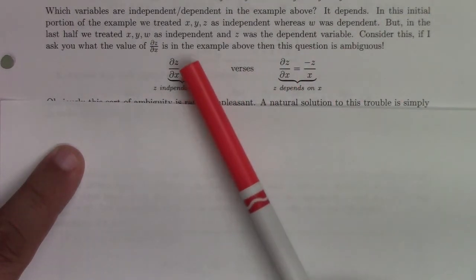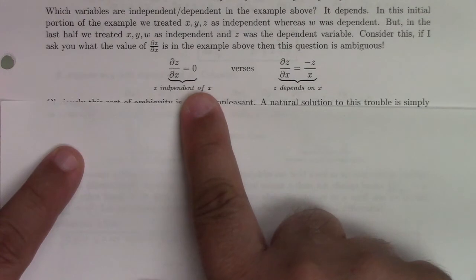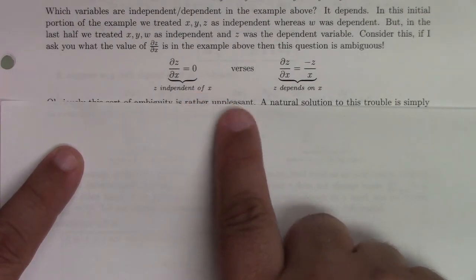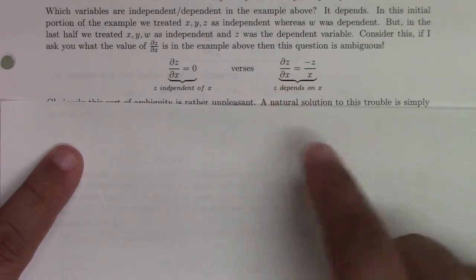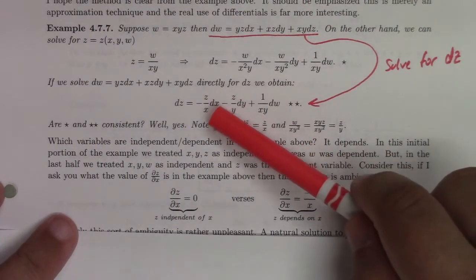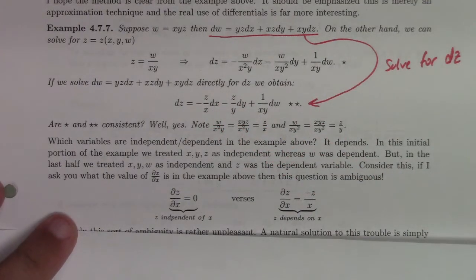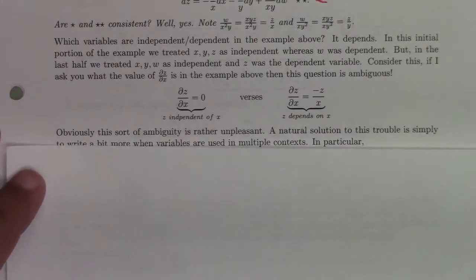When x and z are taken as independent variables, then essentially by definition, partial z, partial x is 0, right? But if z is taken as the dependent variable, then partial z partial x is minus z over x, which we found right here.